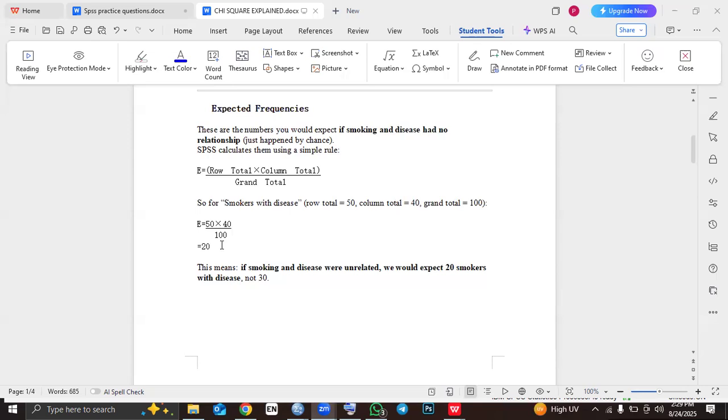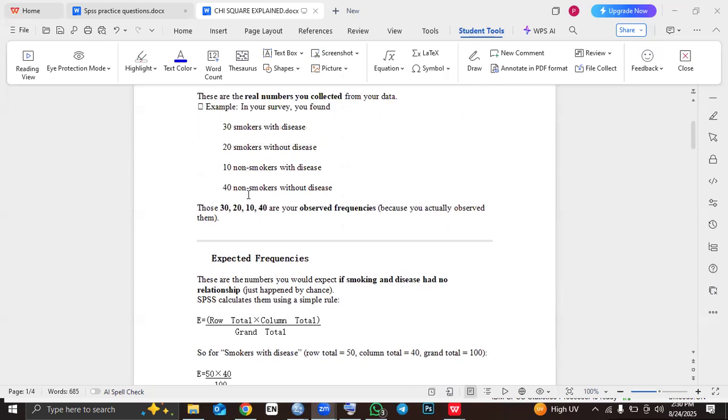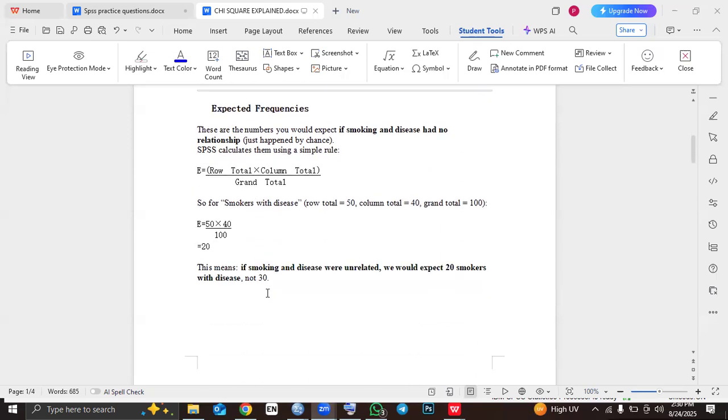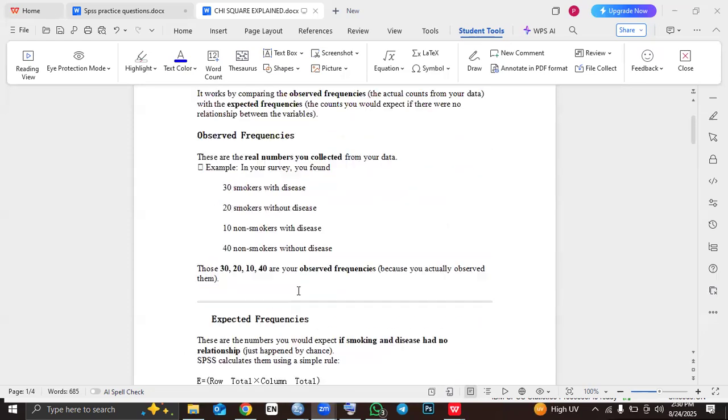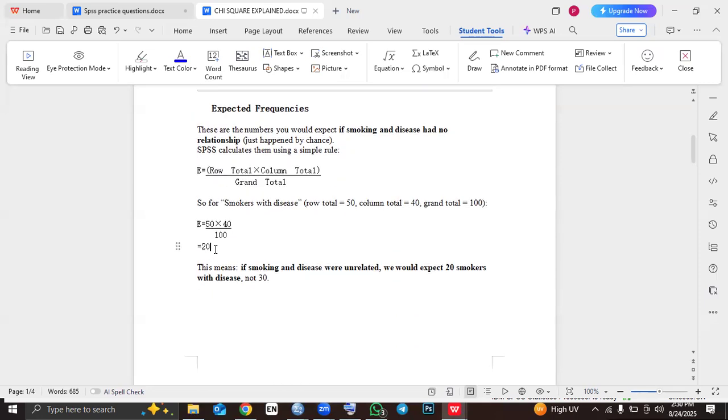This means that if smoking and the risk of getting lung disease were unrelated, then we'd expect that 20 smokers will get the disease and not 30 from the data that we collected. So if smoking and lung disease were not related to each other, then we will not get these 30 smokers with the disease, but rather we'll get 20. So this is what the chi-square test simply tries to achieve.